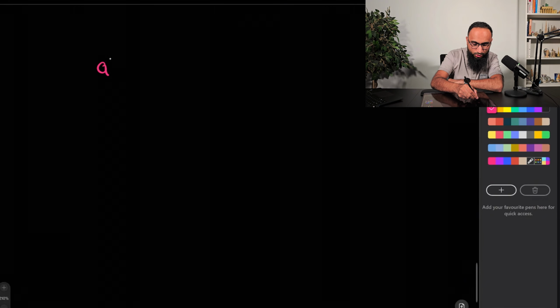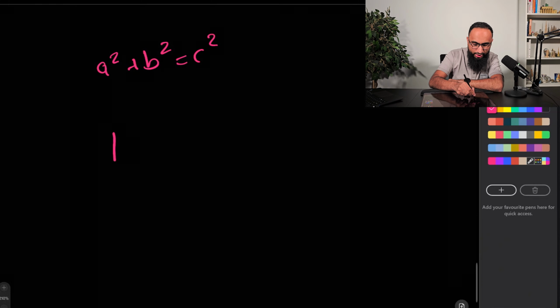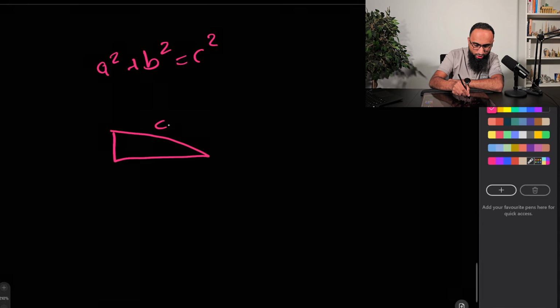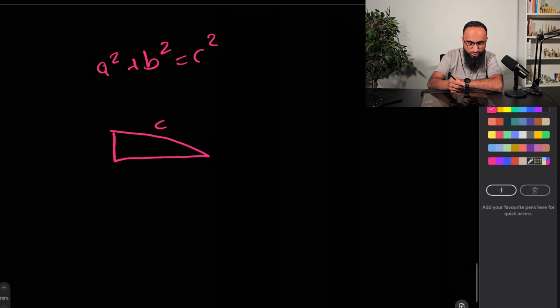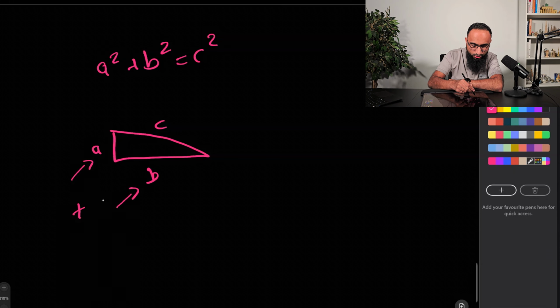Pythagoras, first of all, I hope all of you know, is a squared plus b squared equals c squared, where c is the longest side, which is the hypotenuse. So if you've got a and b here, then you square the a, square the b, add the two up, then you get c squared, and then you square root that number to get c.